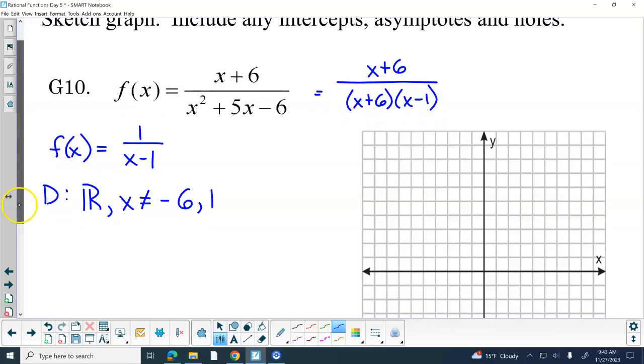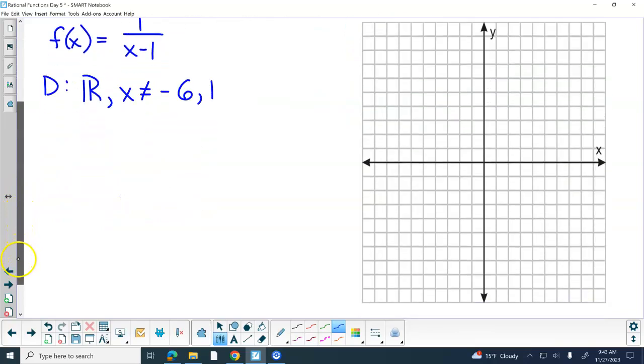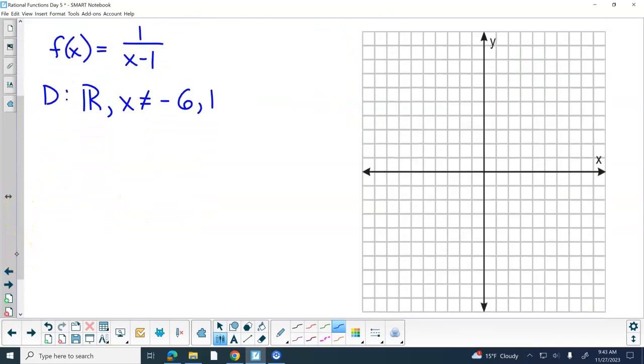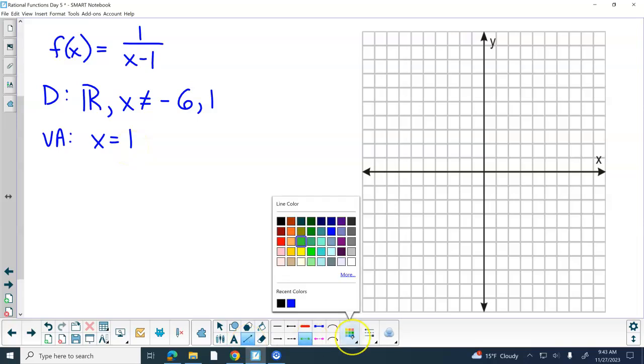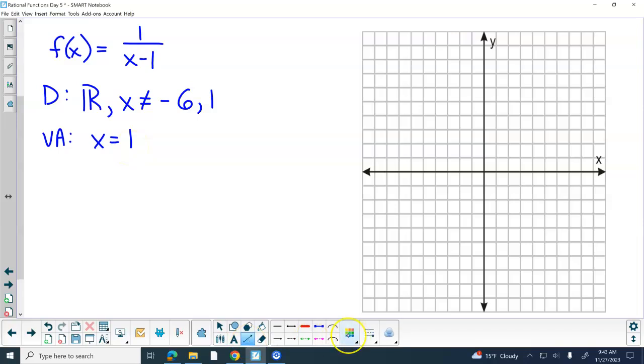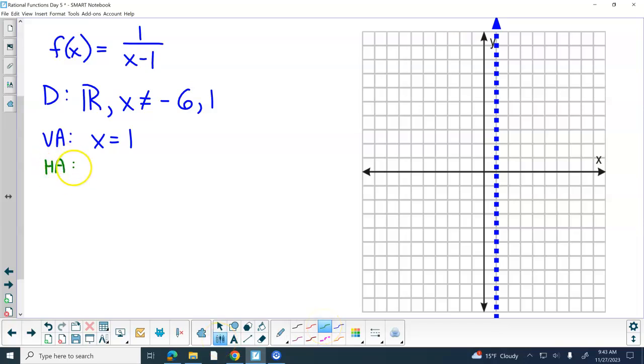Okay. Now from here, I'm using just that one. So my vertical asymptote is x equals +1. My horizontal asymptote is going to be y equals 0.